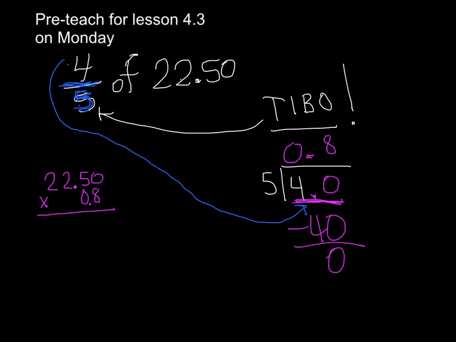But when we multiply, we just set it up, we line up the numbers. We don't worry about the decimals until the very end, remember? 0 times 8 is 0. 8 times 5 is 40. Carry the 4. 8 times 2 is 16. Plus 4 is 20. Carry the 2. 8 times 2 is 16. Plus 2. Well, that's 18. Notice I'm not going to put my decimal in this layer of my products.